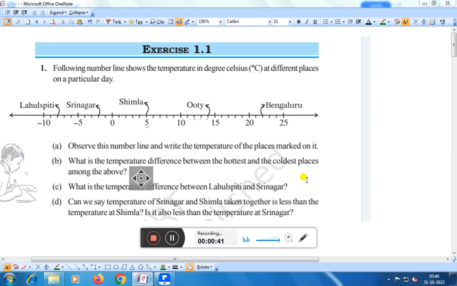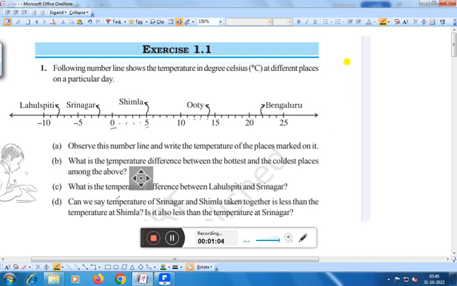Let us observe the number line first. Here you see the number line, here it is 0. If we read the number line, this is 0, right? This is 1, 2, 3, 4, 5. Shimla is at 5 degrees centigrade.